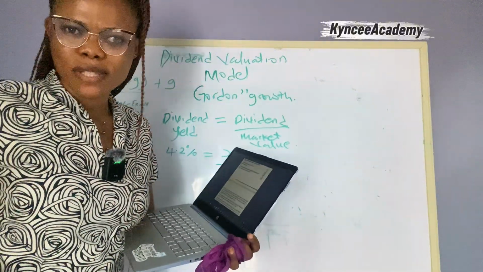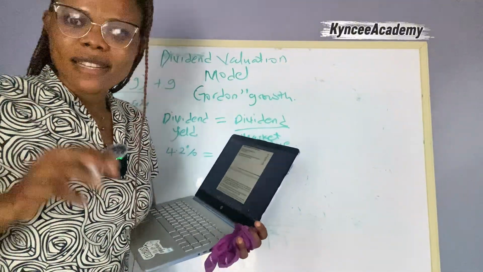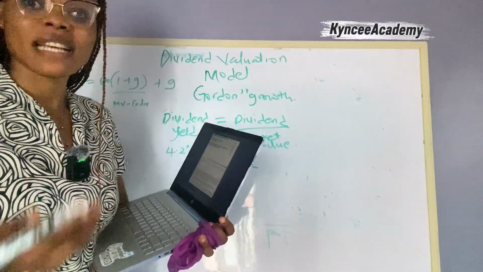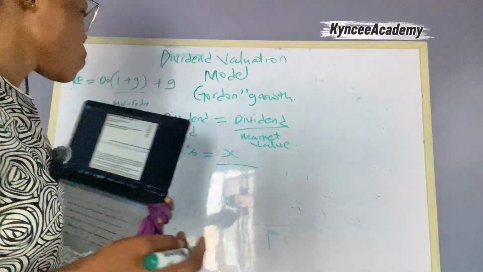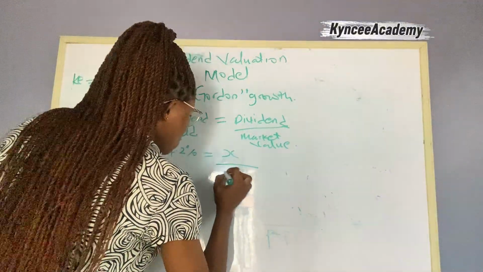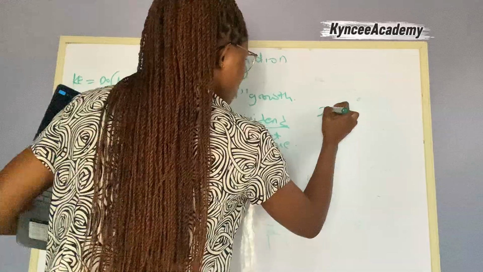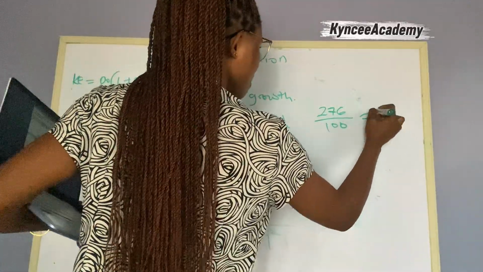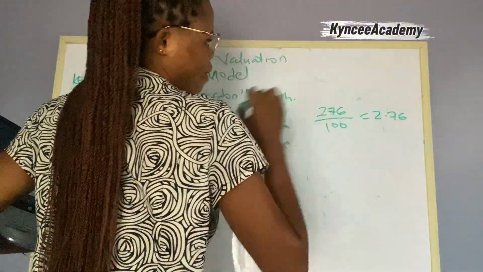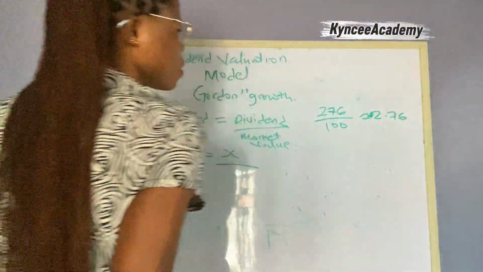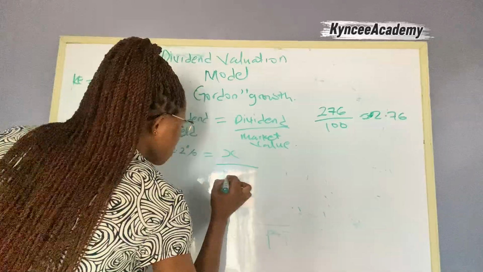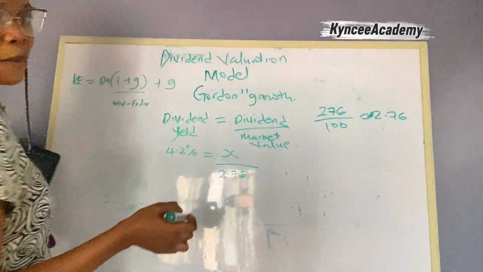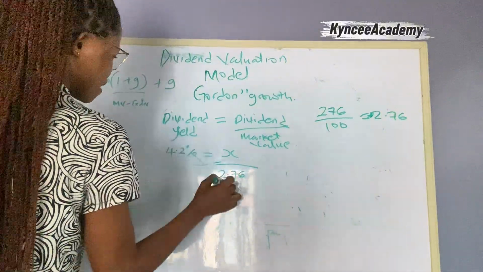We can't use 276 kobo. What do we do? That kobo, we need to convert it to naira so that we can use it. So we now say 276 divided by 100. It will give us 2.76 naira. Now we're not going to cross multiply, as in our mathematics days.